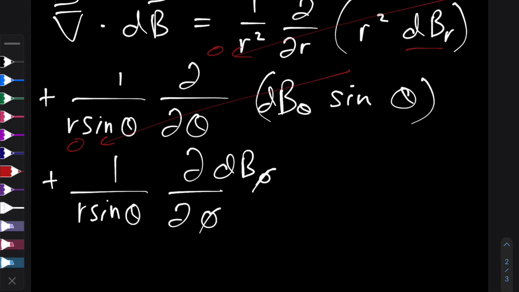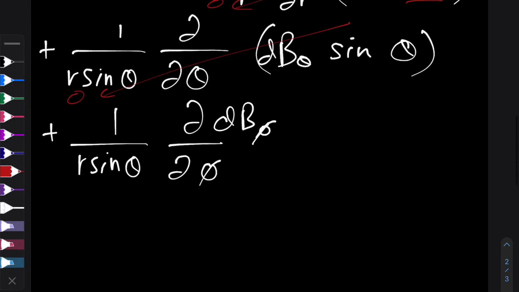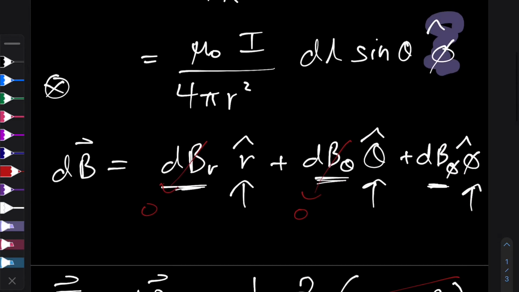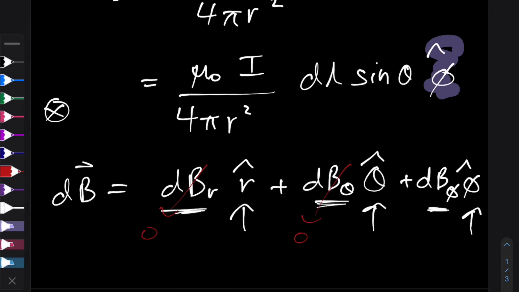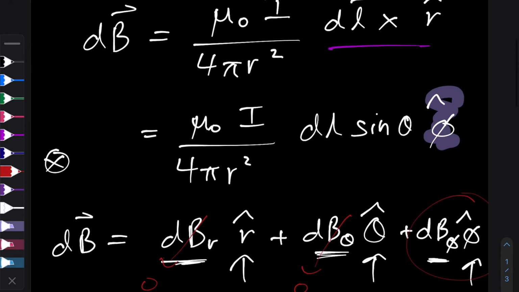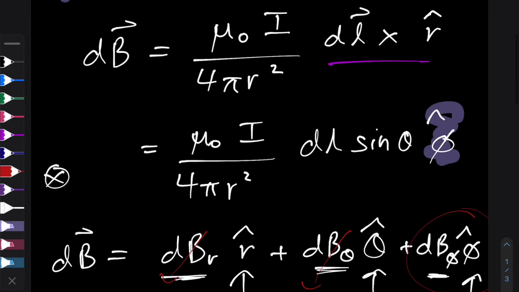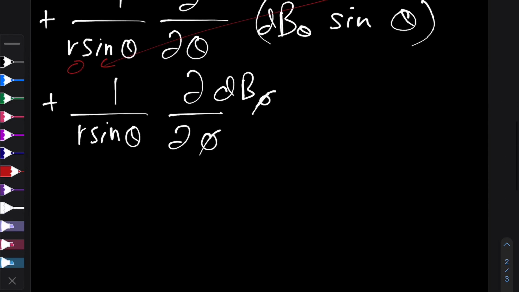Now we're just left with this term here, and we can handle this too, because if dB is equal to nothing but dB_phi, and dB only depends on r and theta, then if we differentiate it with respect to phi, we get 0. So this derivative also goes to 0. That means the divergence of dB is just equal to 0.